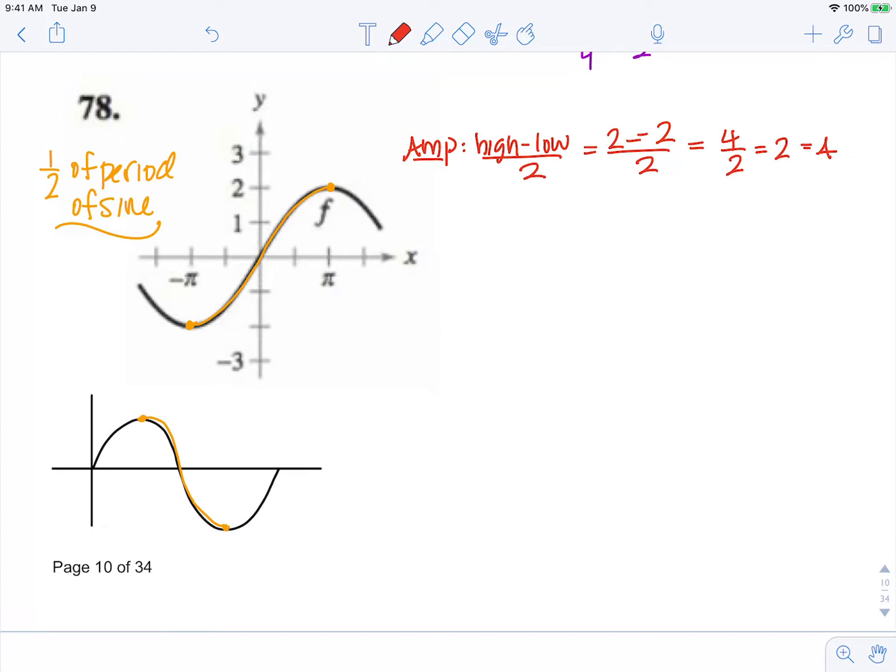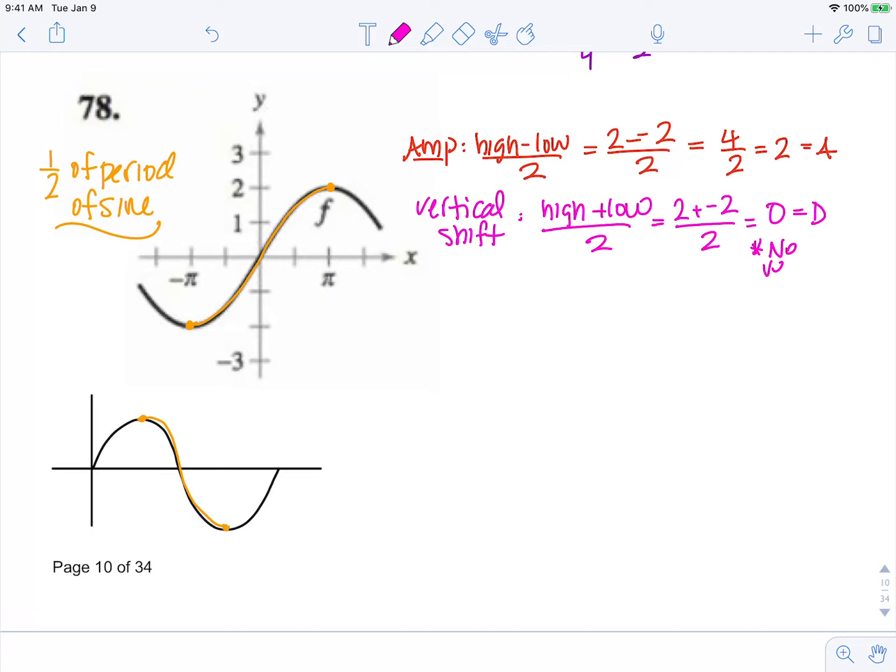So that's our A. If I'm trying to find my vertical shift, that is high plus low divided by 2. 2 plus negative 2 over 2 is 0. So that means D is 0, or there's no vertical shift. And you can see that because this is the middle of my graph.